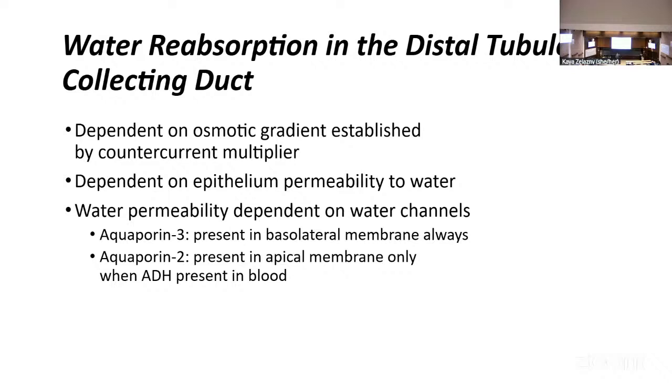So the loop of Henle is setting up the osmolarity of the different regions of the kidney, in particular that medullary osmotic gradient, where we have low osmolarity up high by the cortex, and high osmolarity deeper and deeper in the kidney. We're going to use that setup of the kidney in order to do some regulated reabsorption as we move into the distal tubule and the collecting duct and fine tune the concentration of our urine.